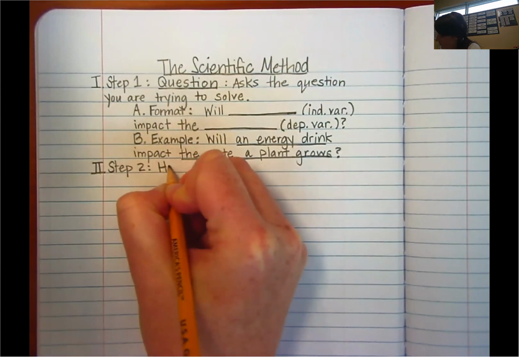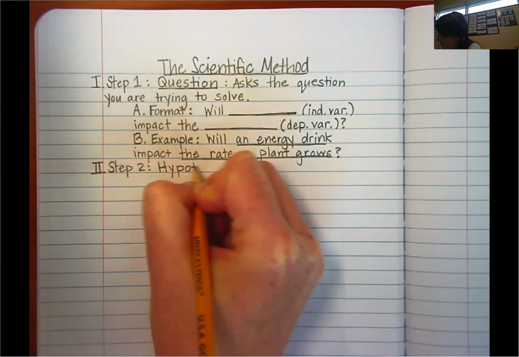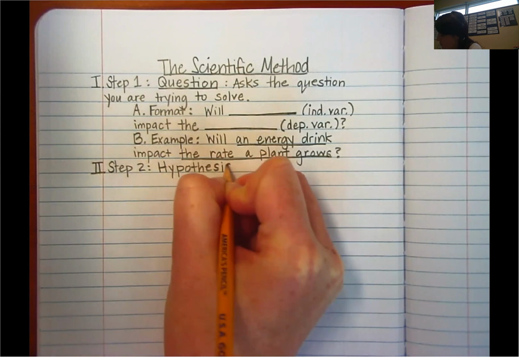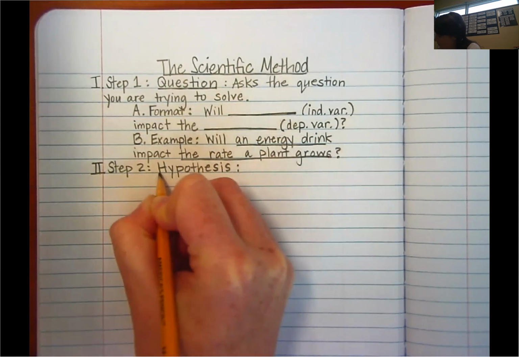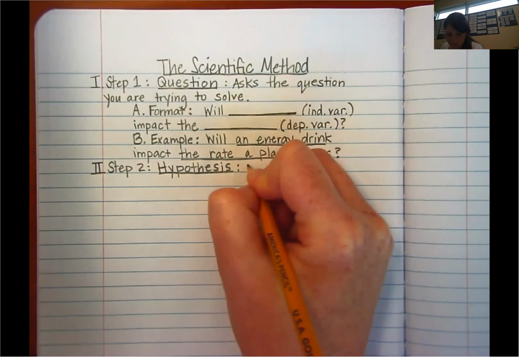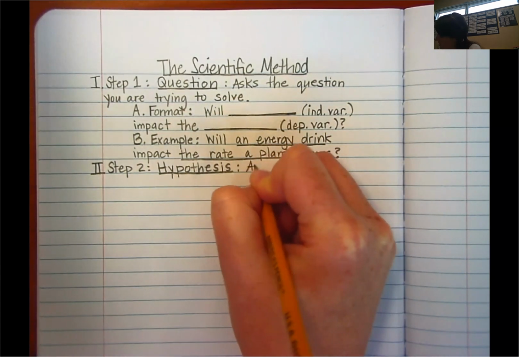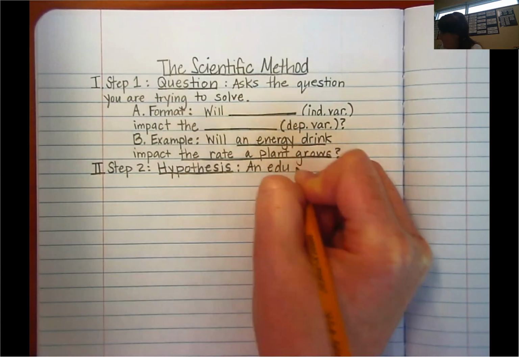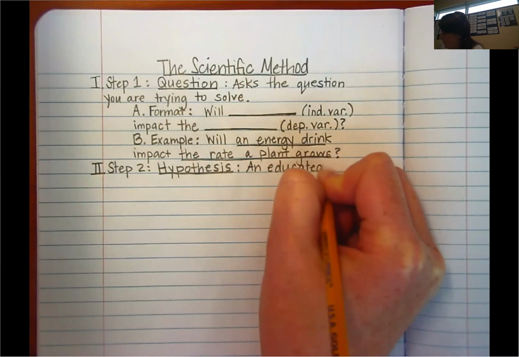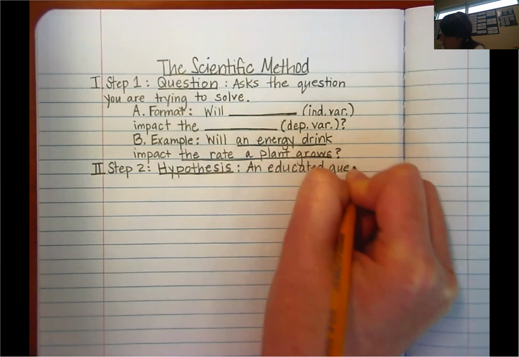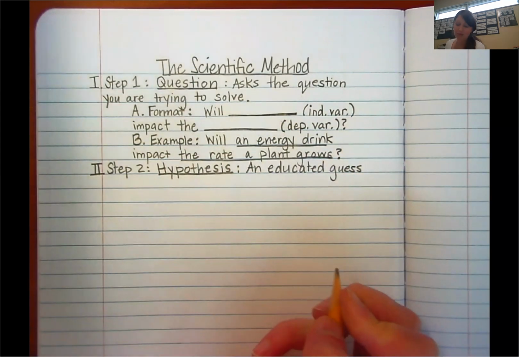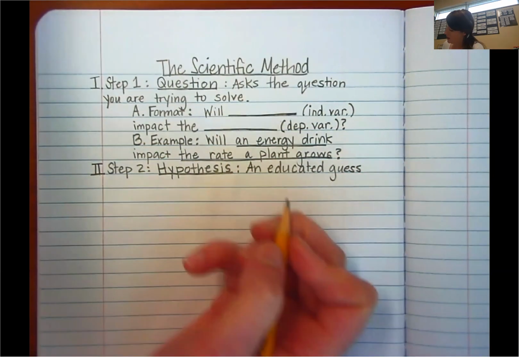So hypothesis is step 2, and that is going to be an educated guess based on, and you've probably already guessed it, research.